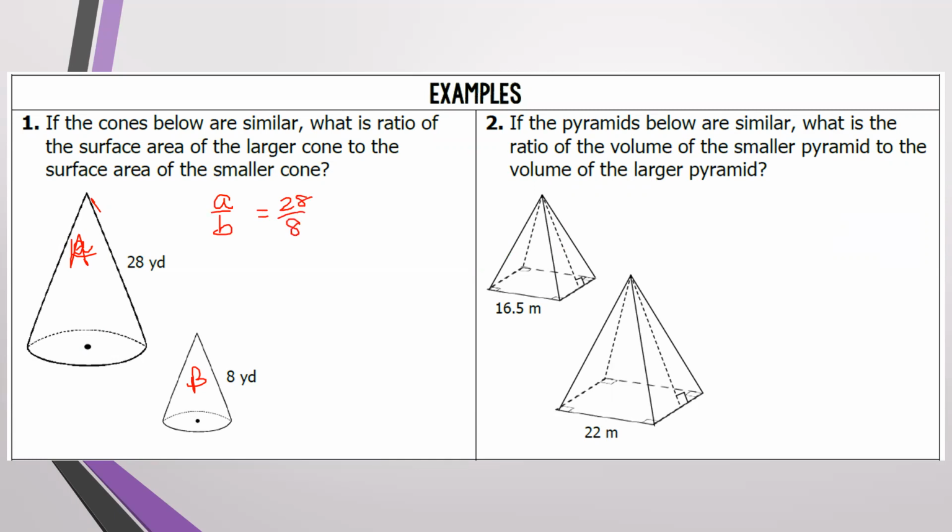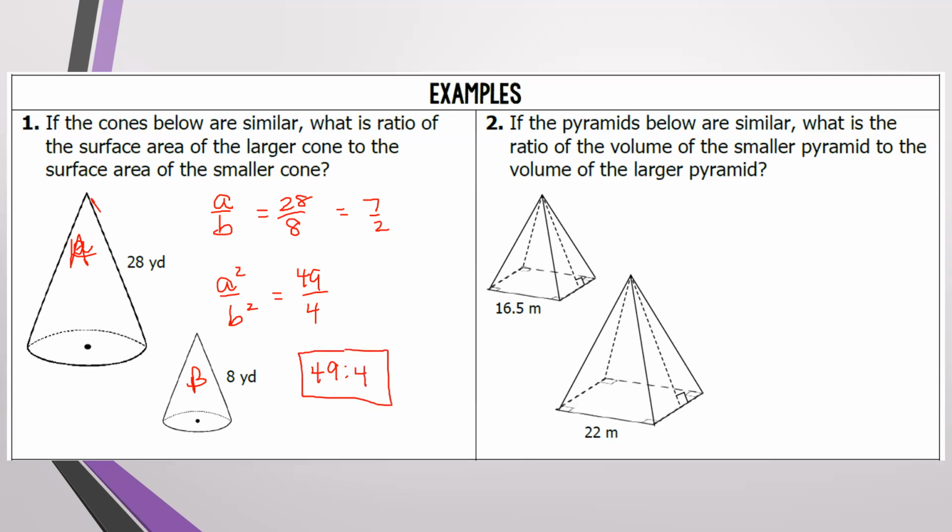Reduce the fraction. Always, always reduce that fraction. 7 over 2. Now it wants to know what is the ratio of the surface area. So that's A squared over B squared. So now that I know A is 7 and B is 2, A squared over B squared is 7 squared over 2 squared. So our final answer, the ratio of the surface areas is 49 to 4.